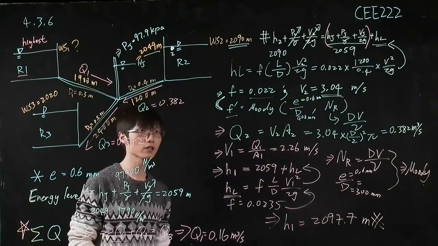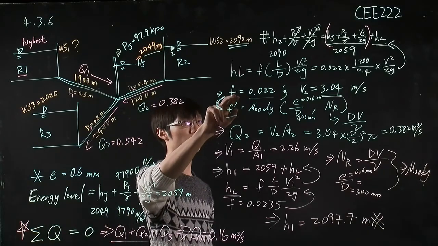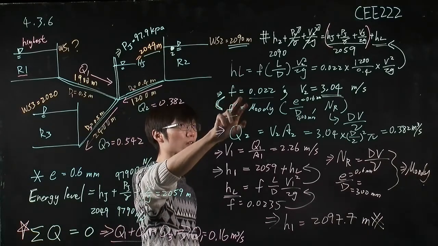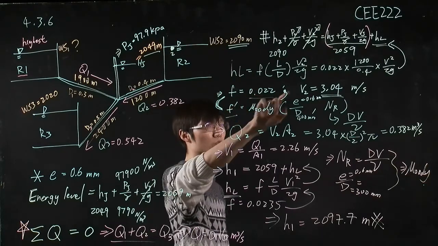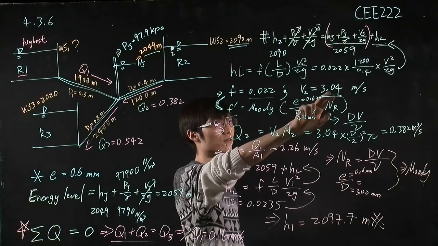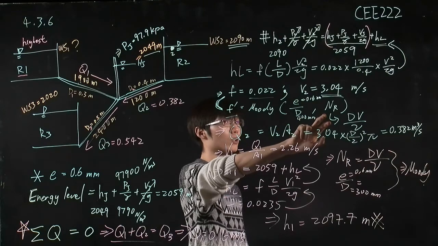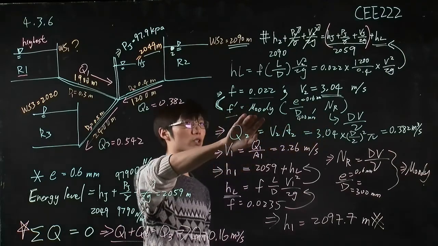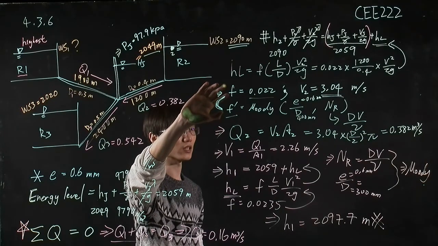So when we encounter this situation, we always assume a value for the factor f first. Then we use that assumed factor to solve for the velocity. And then we use this velocity to calculate the Reynolds number and use the Moody diagram to verify that this f factor is correct.